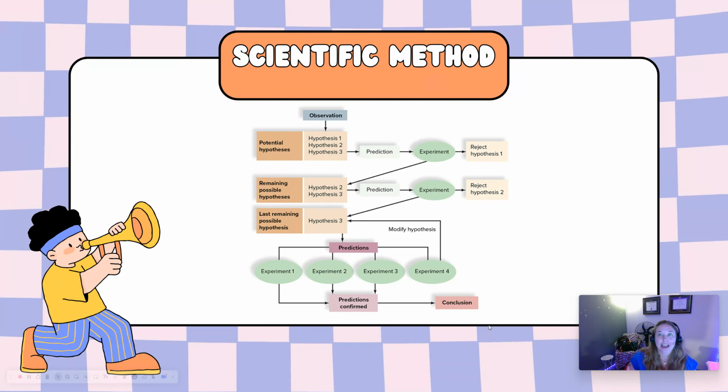And then, of course, after that data collection, they are able to make some conclusions.